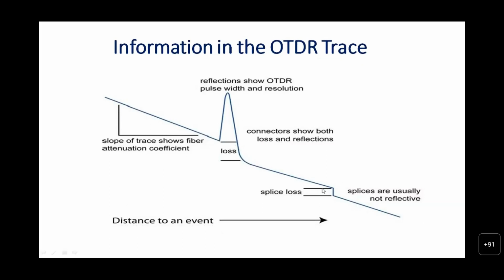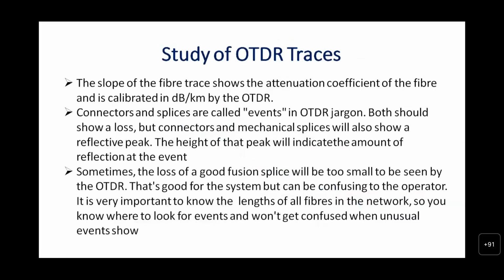This is the splice loss connecting the two cables. This has been indicated here. So the information of stresses can be identified through this. So the same thing has been explained here.